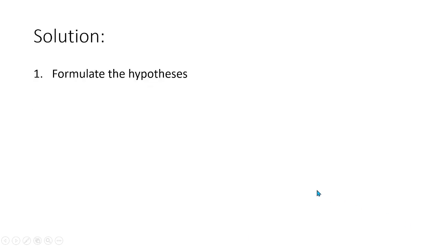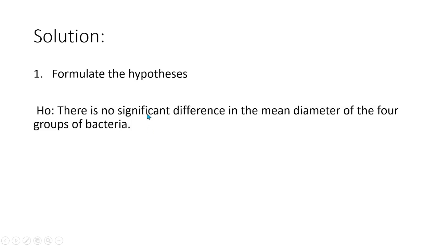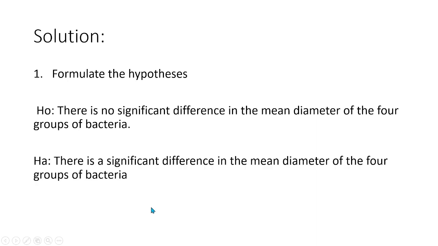So the first step is to formulate the hypothesis. For our null hypothesis, we can state that there is no significant difference in the mean diameter of the 4 groups of bacteria. And for our alternative hypothesis, we can say that there is a significant difference in the mean diameter of the 4 groups of bacteria.